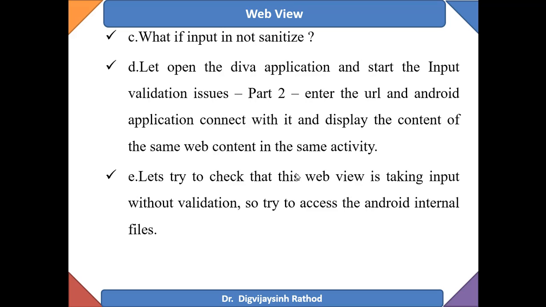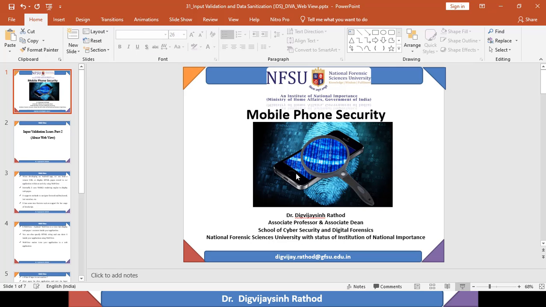If you don't do this, then instead of the URL, the user can enter some other dangerous string or any kind of unvalidated data, and that data may be executed by the Android application, or maybe by a third-party API, or the database, and that may reveal some sensitive information to your activity. So that is what we are trying to display today.